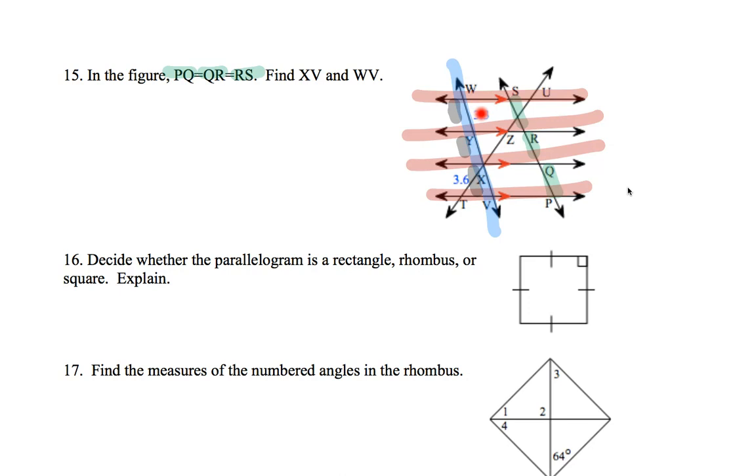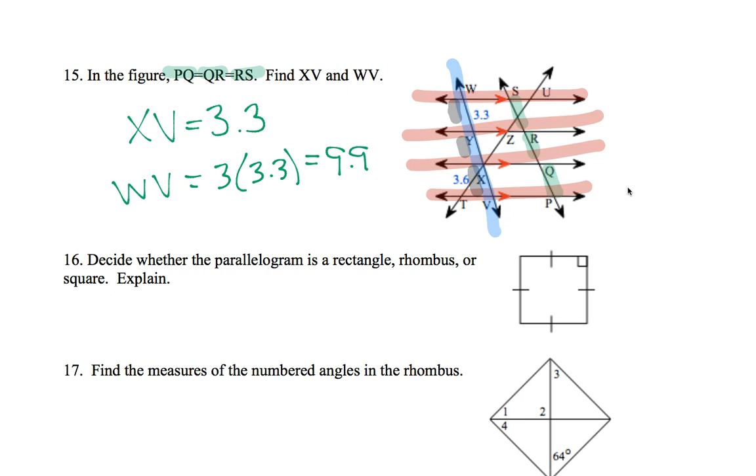So if this is 3.3, that means XV is also 3.3. And that means WV, which is three 3.3s, is 9.9.